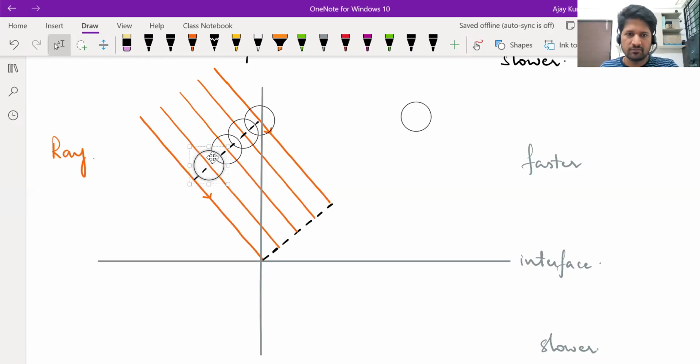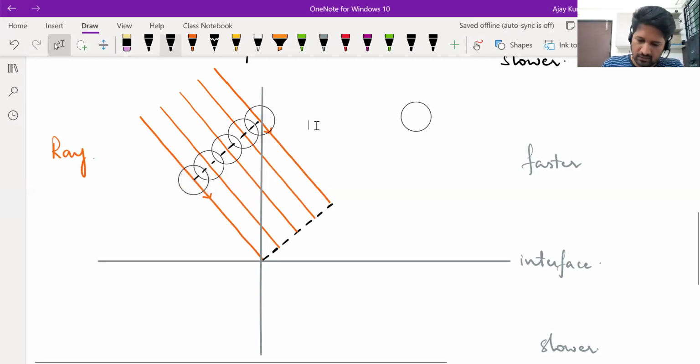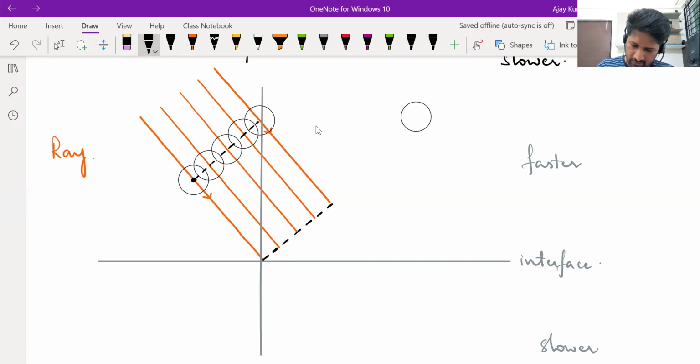So basically, you just have to draw circles with centers at points on the wavefront. At a particular instant, each point on the wavefront behaves as a source of disturbance. Imagine the disturbance propagating outward, and the wave, effectively, moves forward like this to this position.